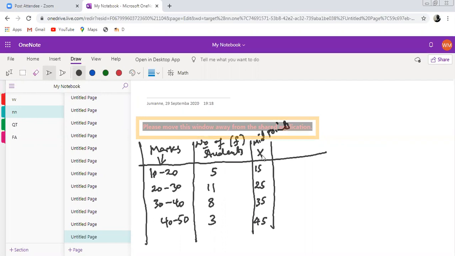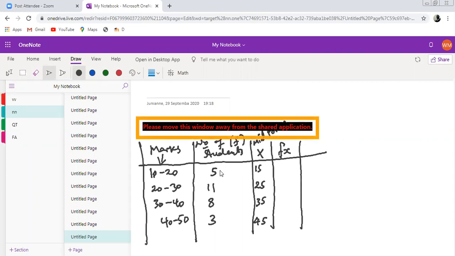After having your x's, now you can get your fx. Fx simply means you multiply the frequency times the x, the midpoint. Frequency times x, frequency times x, so that you can get the fx.